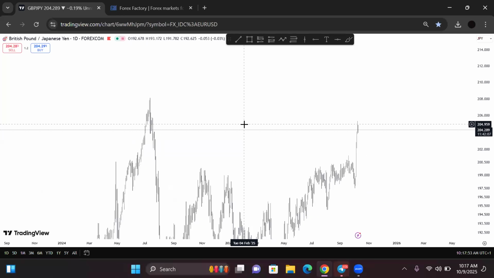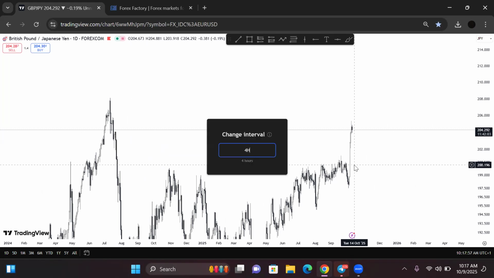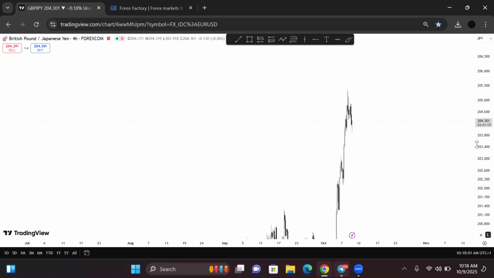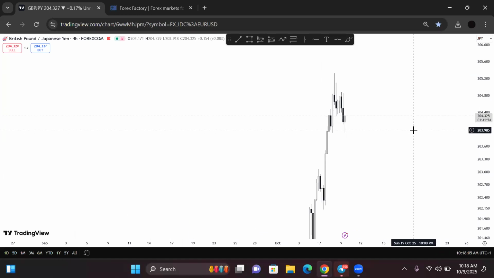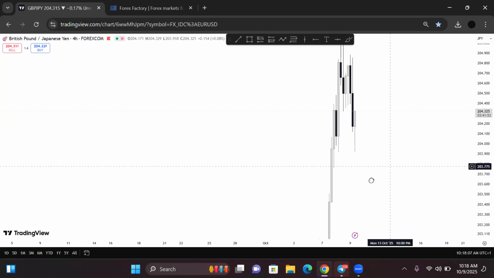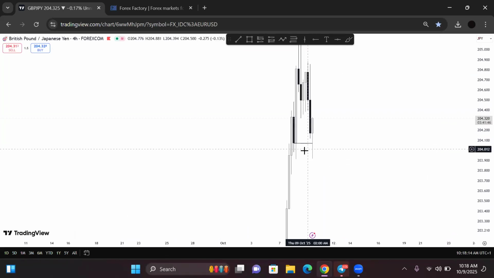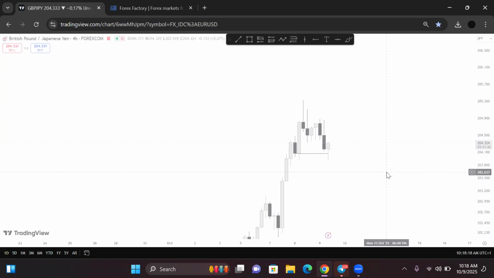Okay, let's go to our four-hour time frame. Okay, I'm not seeing much, although I can see that the market is rejecting off this demand zone. Let's go to our lower time frame.